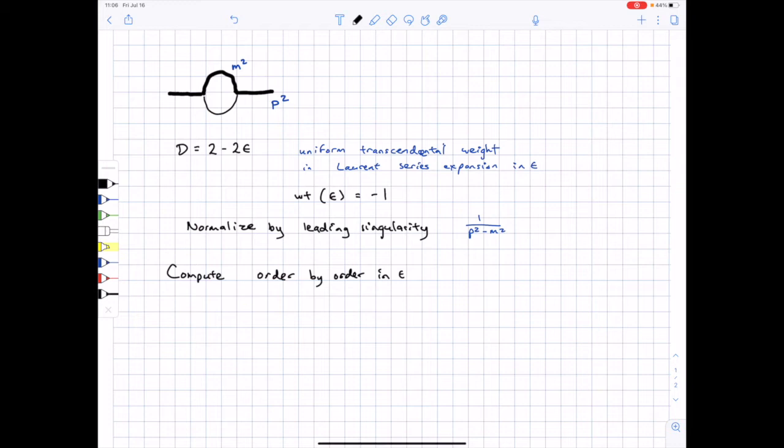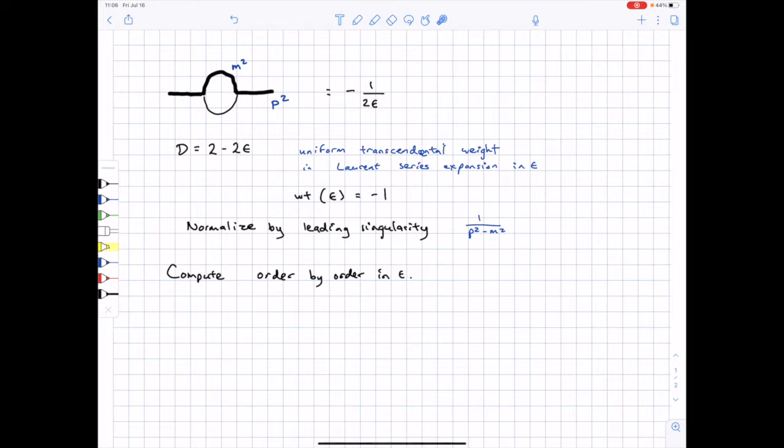So we start with producing the result of the Laurent expansion. And if we do that, we find that we get a leading term of minus 1 over 2 epsilon. So this is the reason we have to introduce dimensional regularization. This is a divergent integral, not a finite integral.